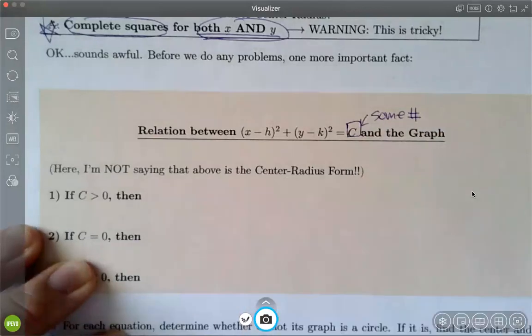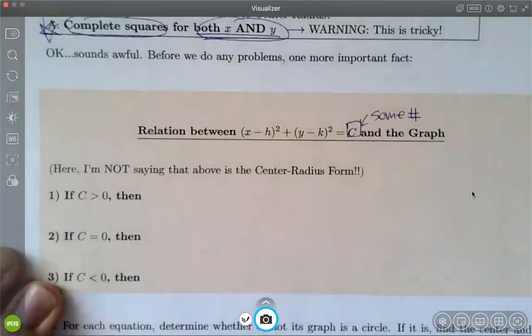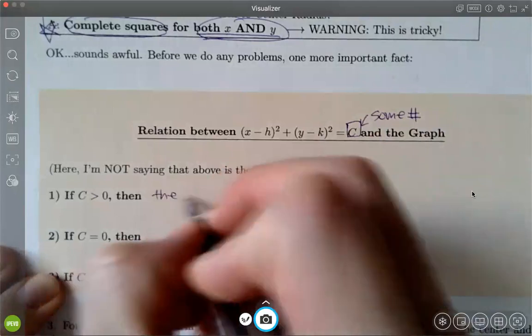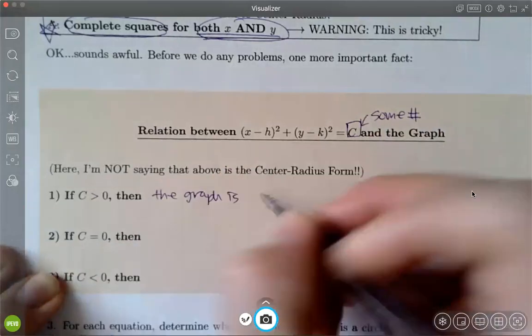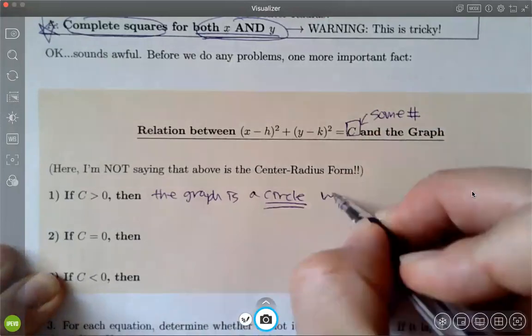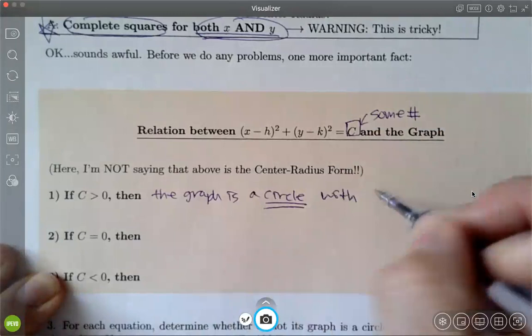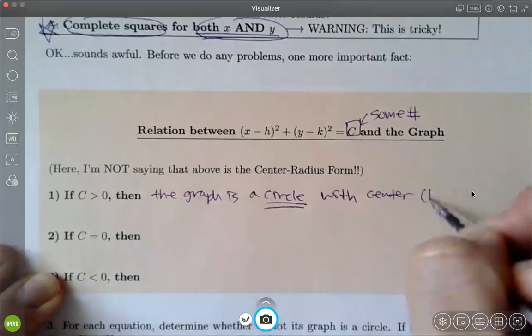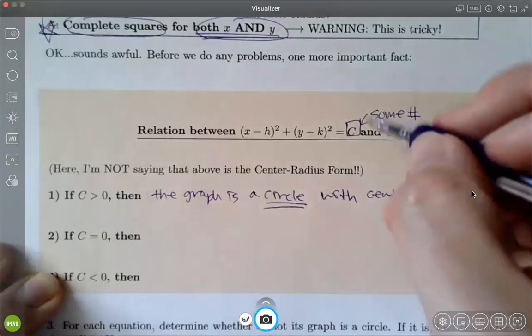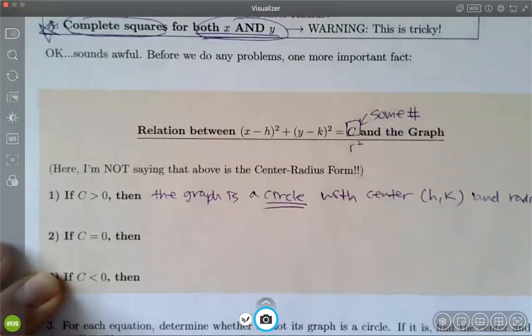Okay, so there are three cases. Positive c: if that's the case, then the graph is a circle with the center h, k. Now, what's the radius? The radius is not equal to c, because the actual center radius form had r squared here, so how do you get the radius?